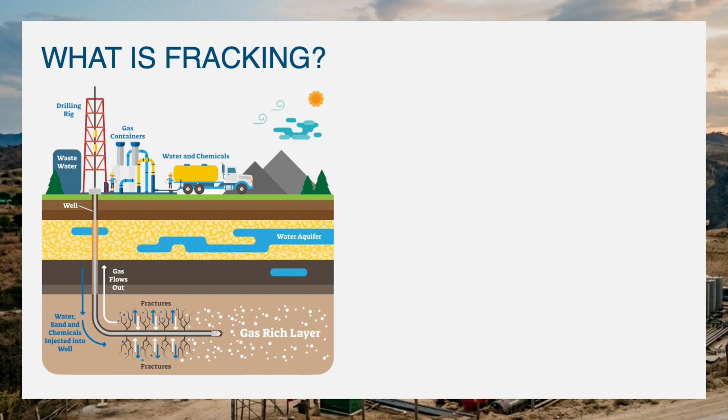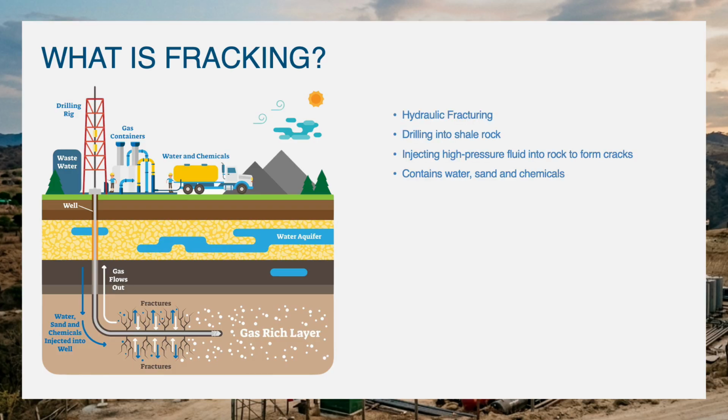Fracking, or hydraulic fracturing, is the extraction of natural gas or petroleum from shale rock by breaking open the rock using water, sand, and chemicals. First, a well is drilled deep underground into a layer of shale rock. Often the drilling will start vertically and then turn horizontally so that more of the shale layer can be reached.